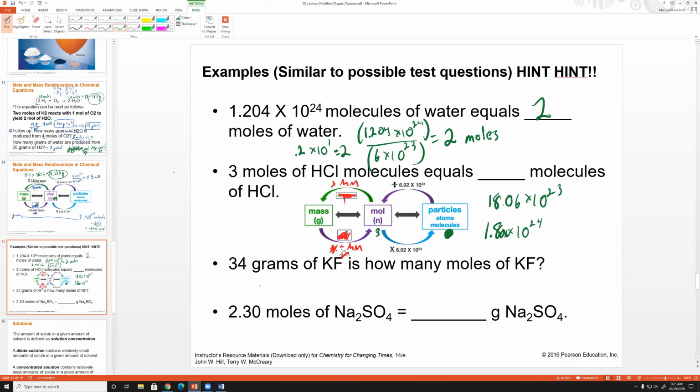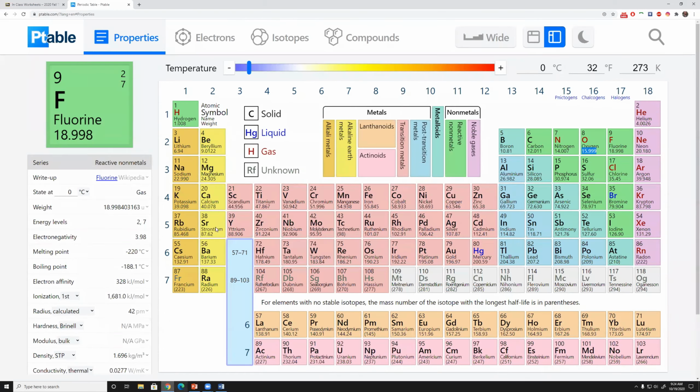Next one, 34 grams of KF is how many moles of KF? So what we would do is figure out the molar mass of KF. KF equals potassium. We look in the periodic table. Potassium is 39.098. We can make it 39.1.